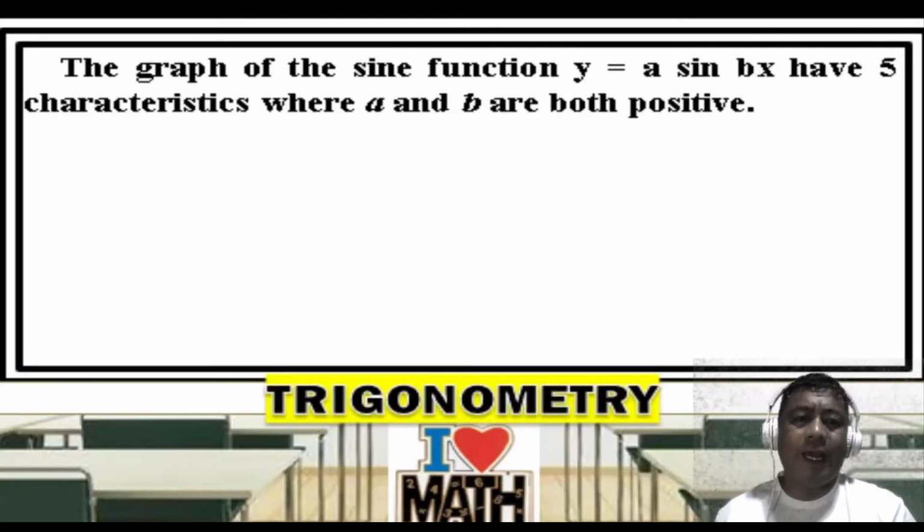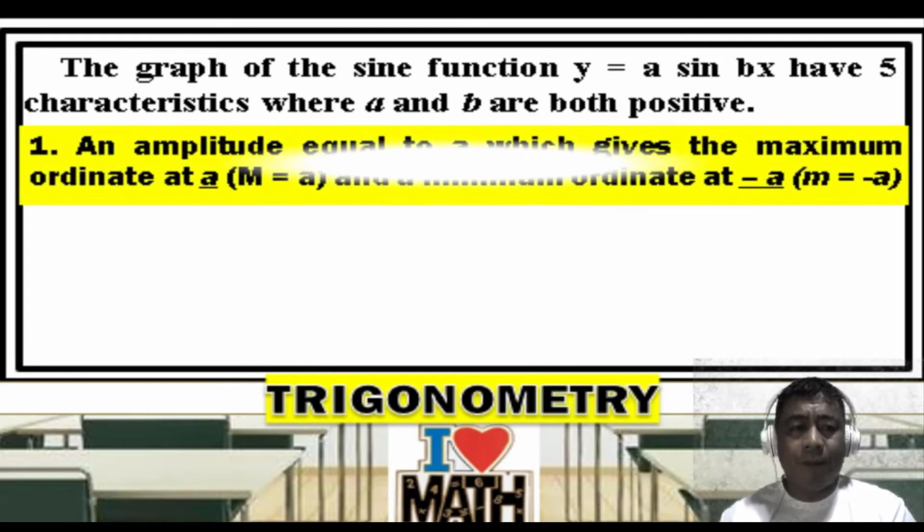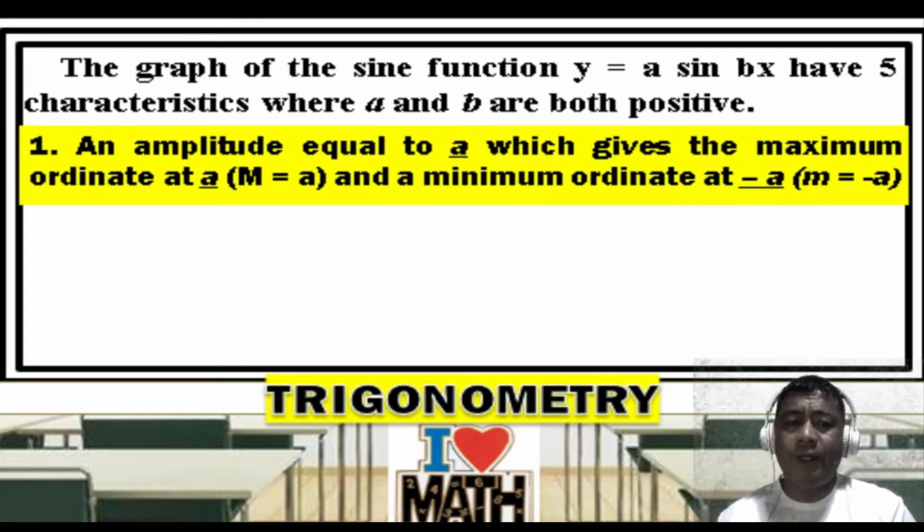The graph of the sine function y equals a sine bx has 5 characteristics where a and b are both positive. Number 1, an amplitude equal to a, which gives the maximum ordinate at a, wherein capital M is equal to a, and a minimum ordinate at negative a, wherein small letter m is equal to negative a.